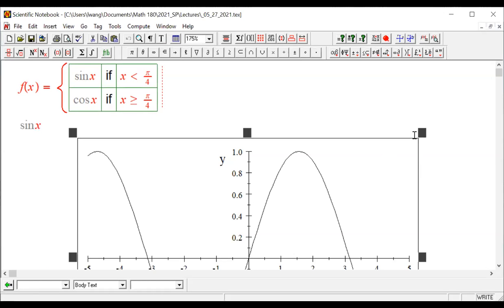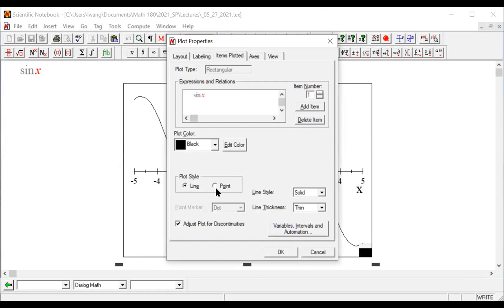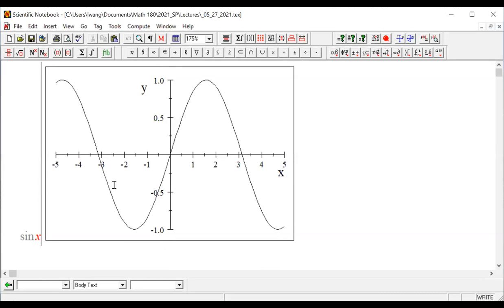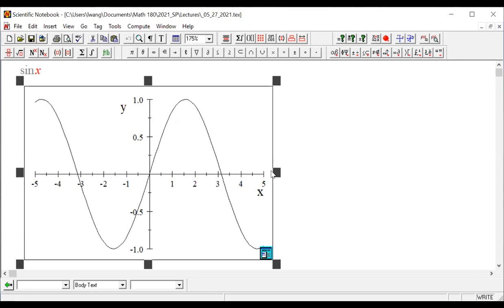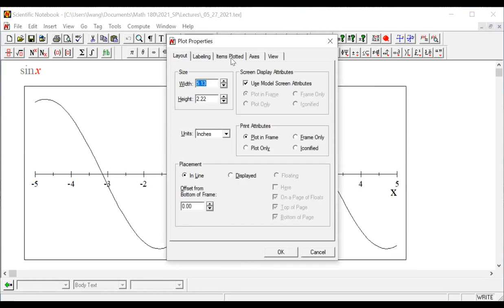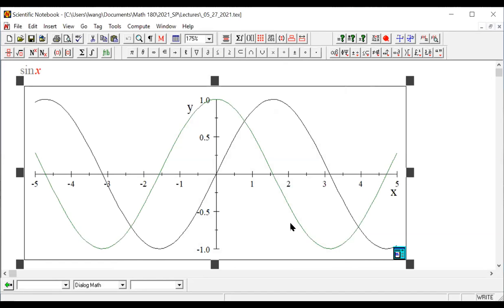Okay, so this is sine x. This should include pi over 4, and let's plot a cosine x. We're gonna make it green. That's cosine x, okay?